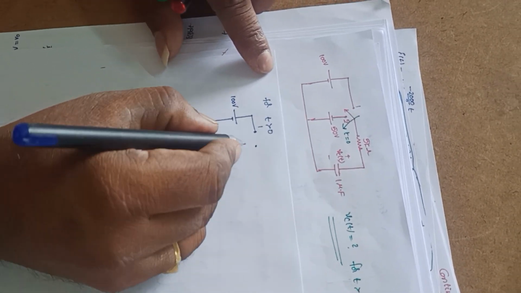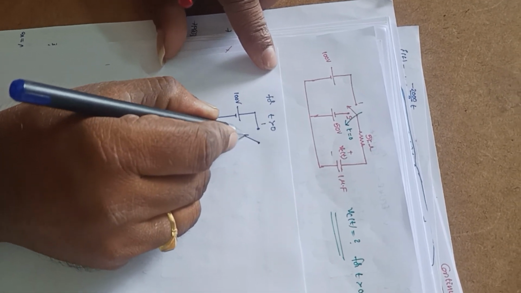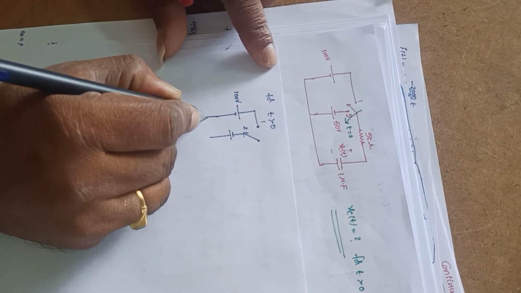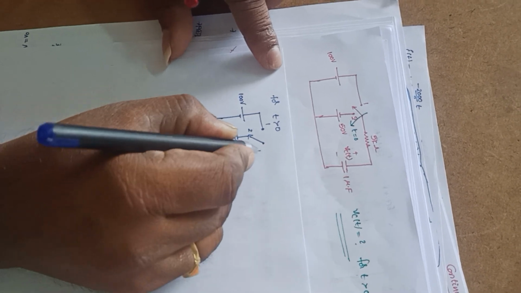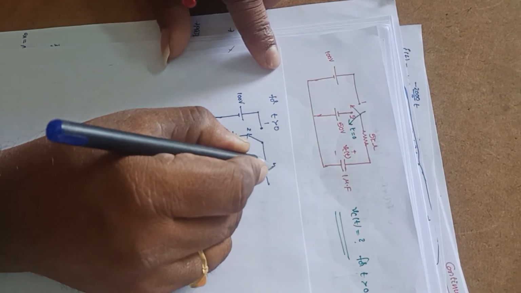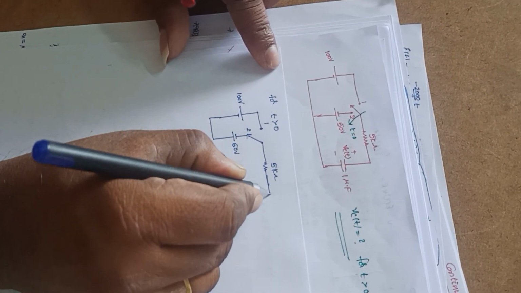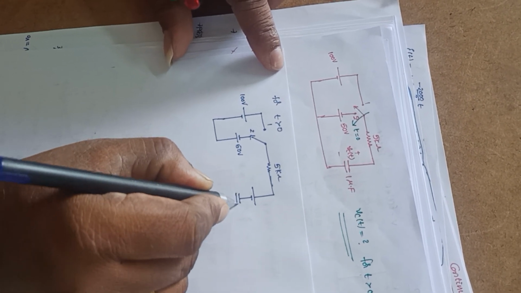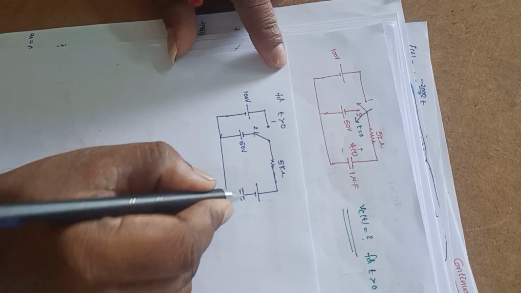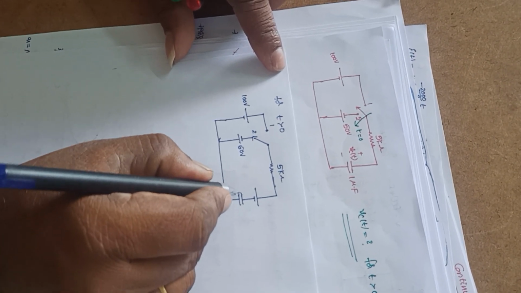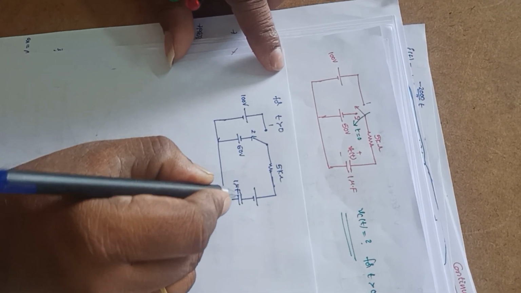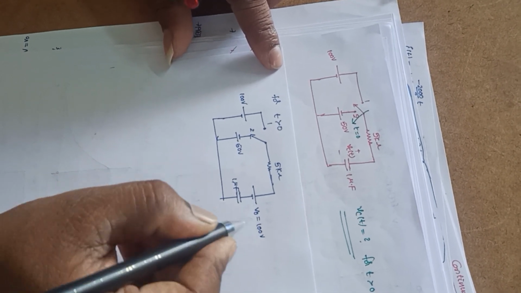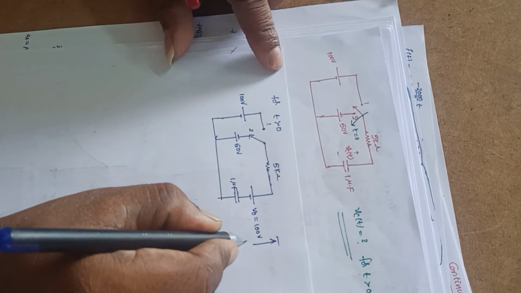And next, for t greater than 0, this switch is at position 2, and this is minus and plus, this 50 volts, and here it is 5 k ohm, and this capacitor will act as initial voltage plus capacitor. So this will be like this. Whose value of the capacitance is 1 microfarad, and the initial value of the voltage V0, that is 100 volts, and this is Vc of t.